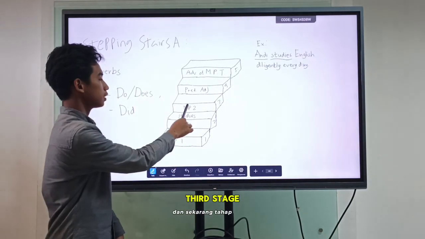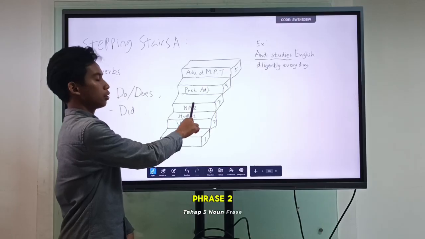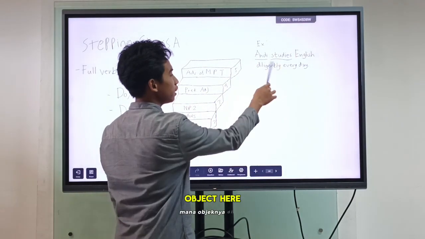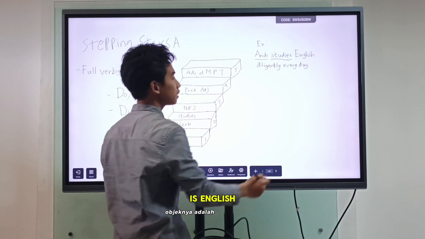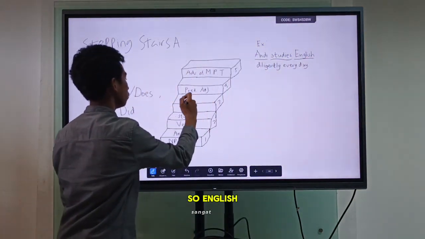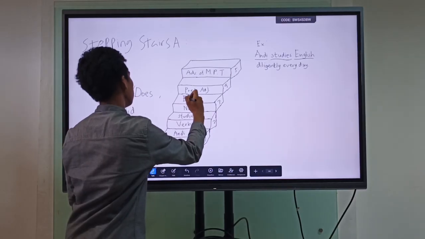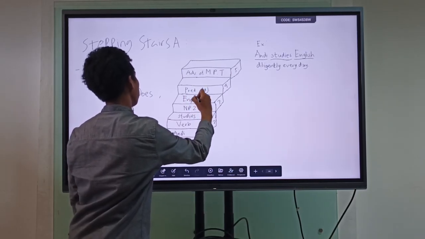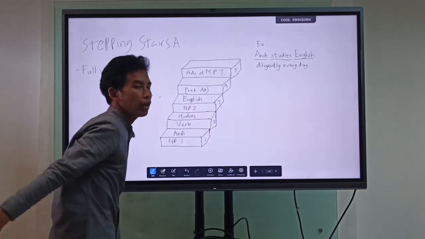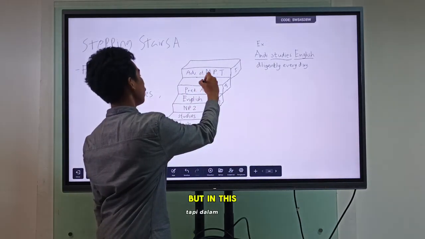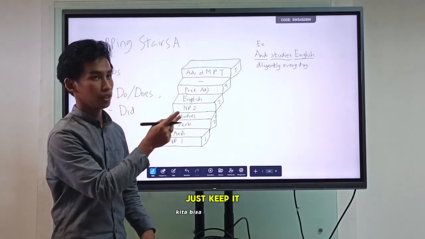And now, third step, stage 3. Noun phrase 2. Noun phrase 2 is an object. Where is the object here? The object is English, because Andi studies English. So English can be put in noun phrase 2. And then the predicate adjunct at step 4, but in this case we can just skip it.